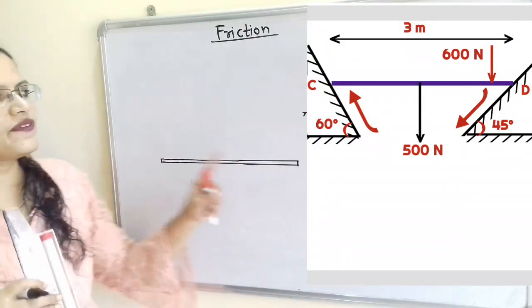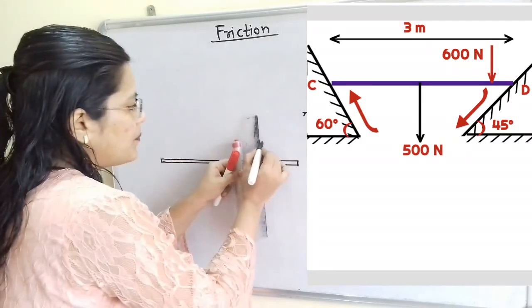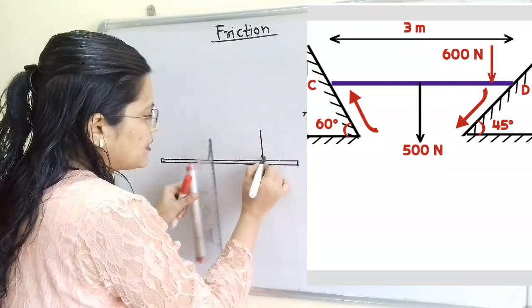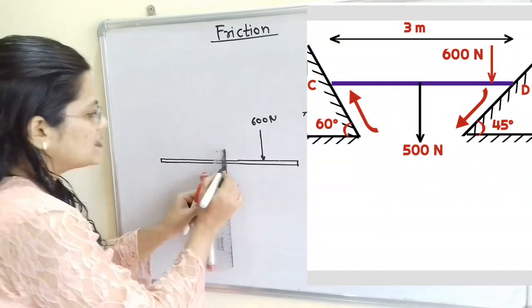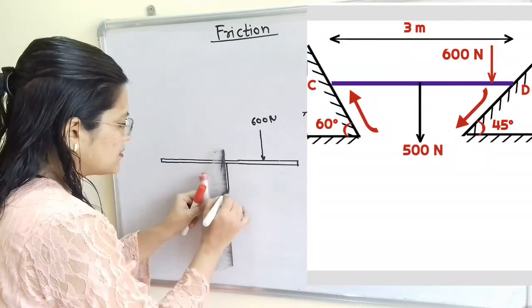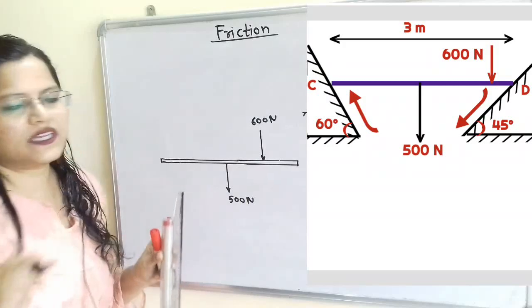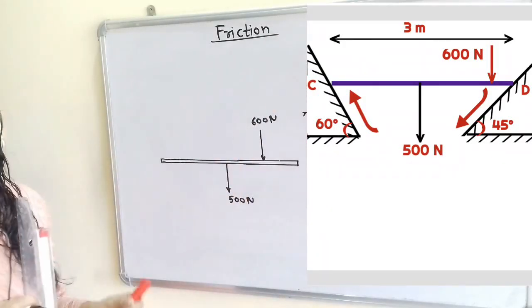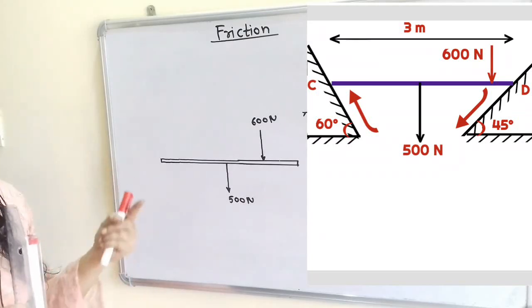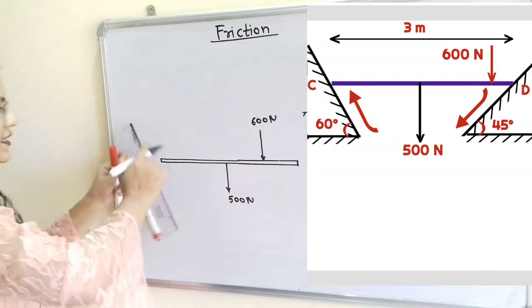Now we will show the free body diagram. So the 600 Newton load we have to place in the vertically downward direction. Then the 500 Newton load is at the middle point. It is also in the vertically downward direction. Now at point C, if we observe, the motion is in the upward direction. So the frictional force we have to show in the opposite direction, parallel to the inclined surface.